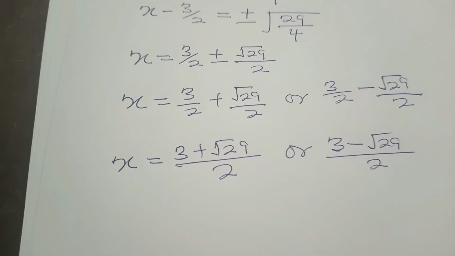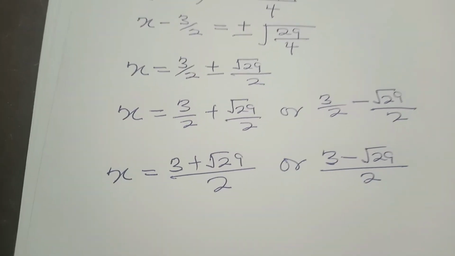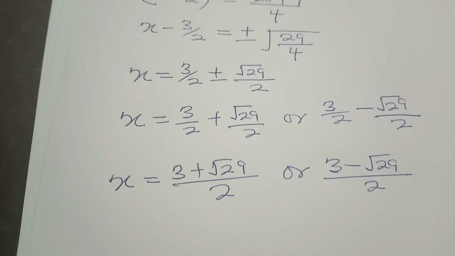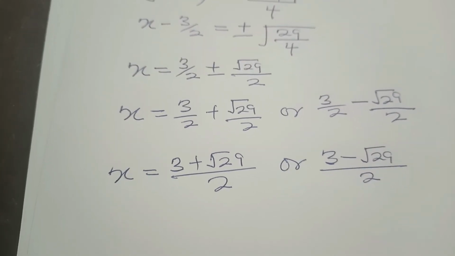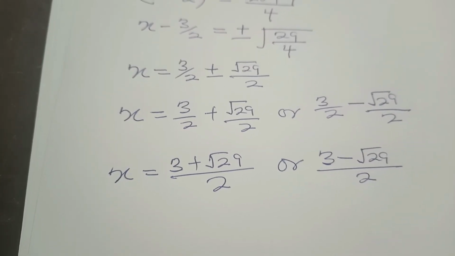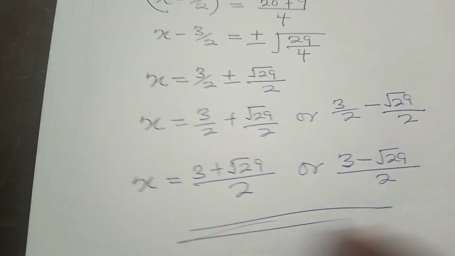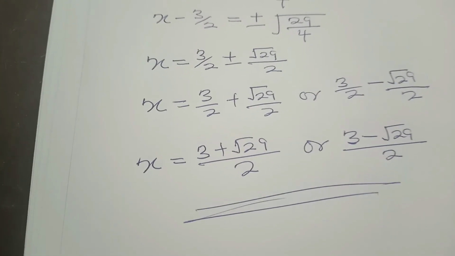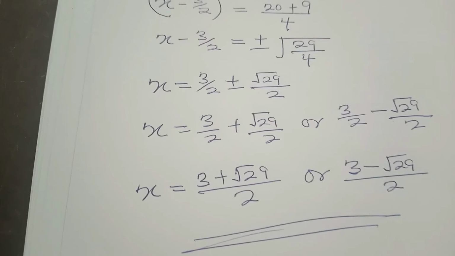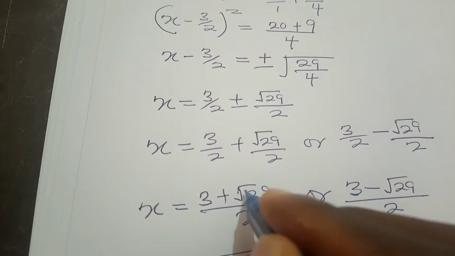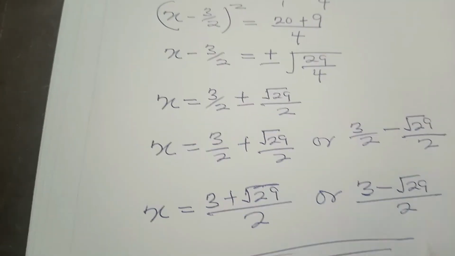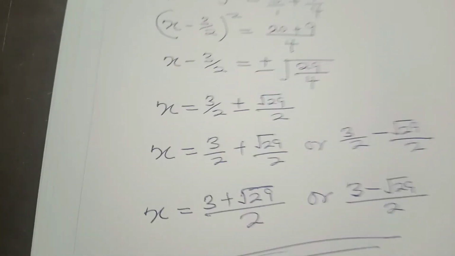Since this question asks us to leave our answer in surd form, this becomes our final answer, because surd form means we should leave it in the square root. So this becomes our final answer.